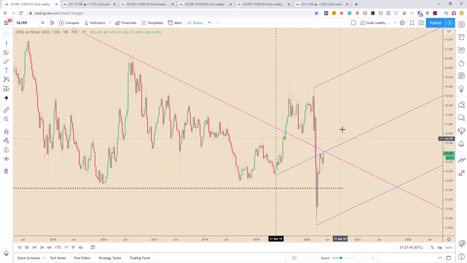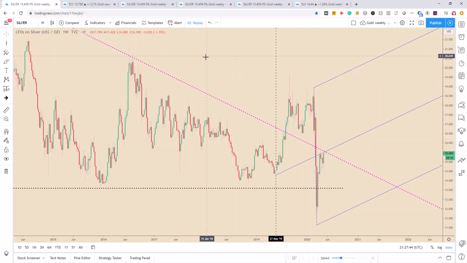But anyway, that pitchfork is interesting. The new information that we've acquired by drawing that pitchfork is that it's just another indication that price is dealing with resistance. If you're wondering why silver's not moving up right now, it's because it's got multiple resistance levels that it's dealing with.